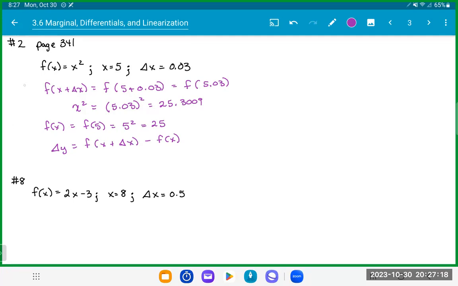So this is part A. It's a 3-part thing on this problem. So when I do this, I end up with 25.3009 minus 25. So my change in y is 0.3009. Okay? Questions?